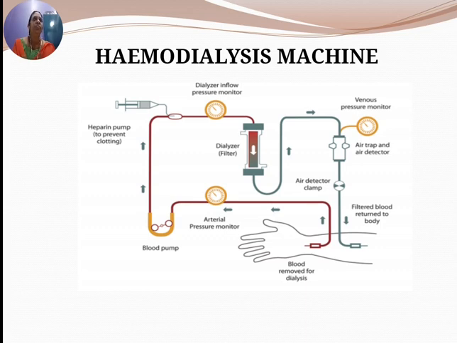Blood is tapped from the renal artery and given into the renal vein. So this is the working principle of a hemodialysis machine.